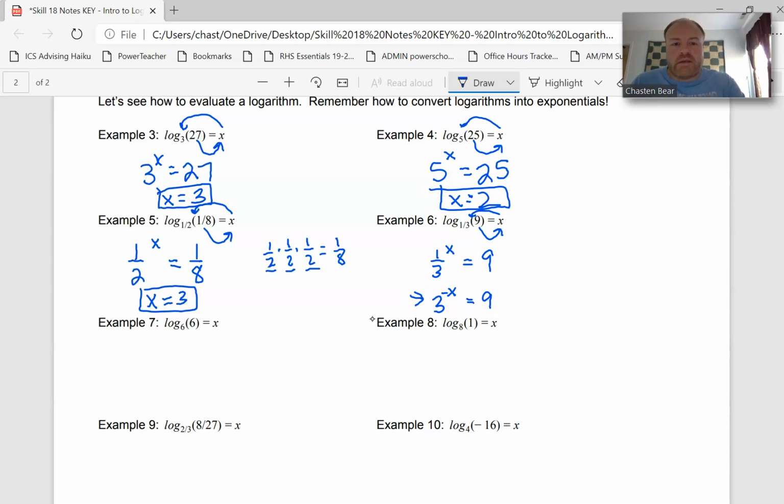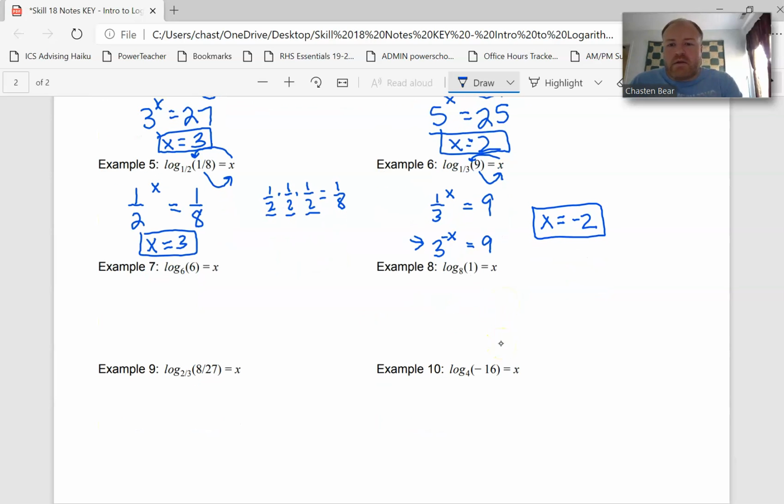Well, 3 to the positive 2 gives me 9, so x has to be -2, because -(-2) makes +2, which means 3 to the second makes 9. Okay.